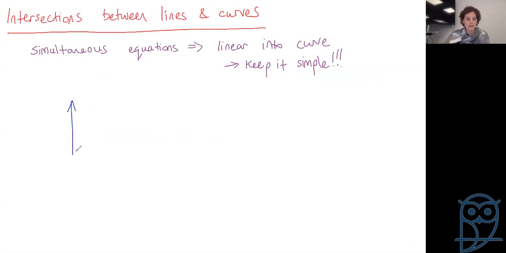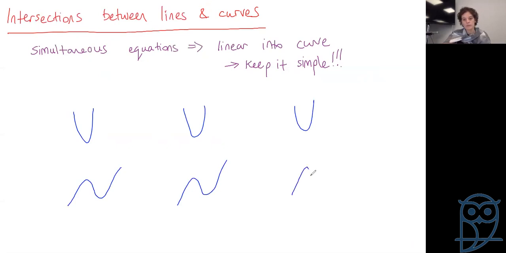So, quadratic, 3 happy quadratics, and a basic cubic. Okay, now let's give ourselves a line. So we could have a line that goes like this. We could have a line that goes like this. And we could have a line that goes like this.